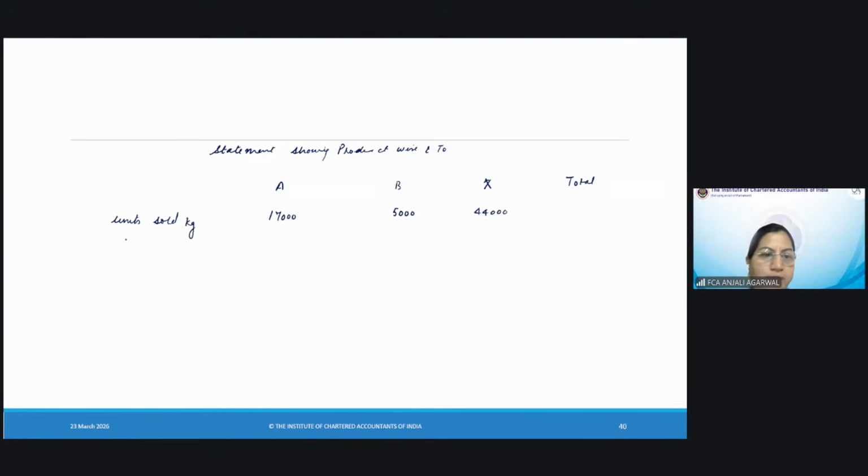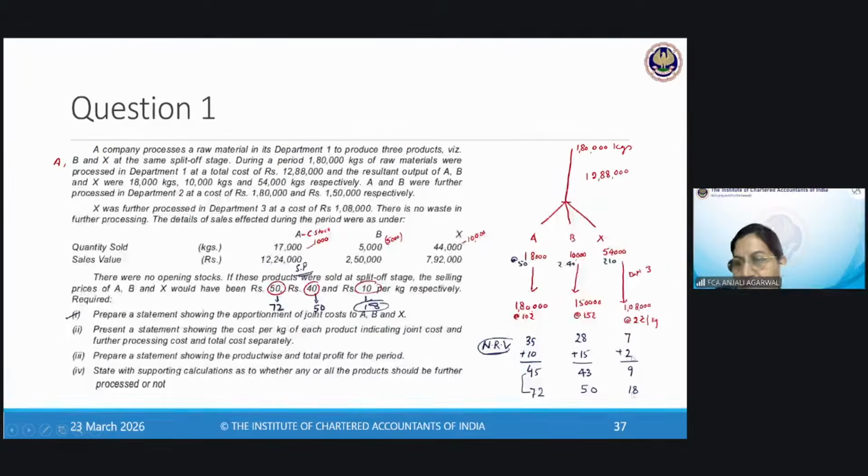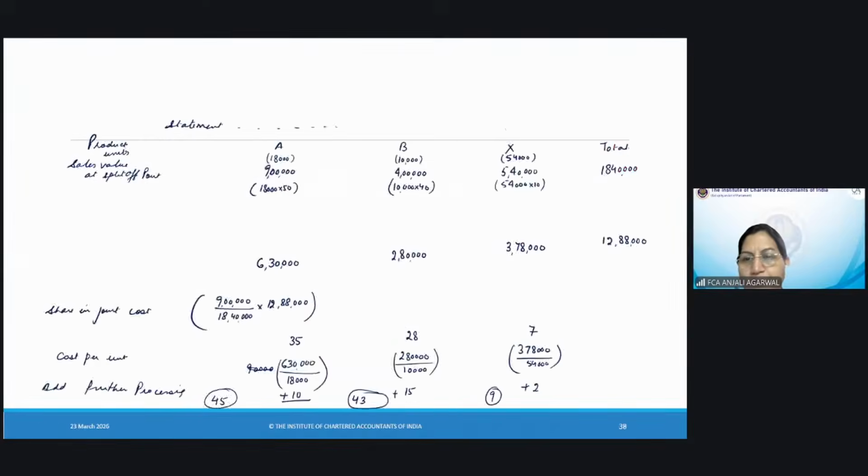You can take the total. Selling price per unit post separation, this you can take from the working note. You can create a working note where you have calculated this. This is sold at 72, this is sold at 50, and this was sold at 18. 44,792 divided by 44.